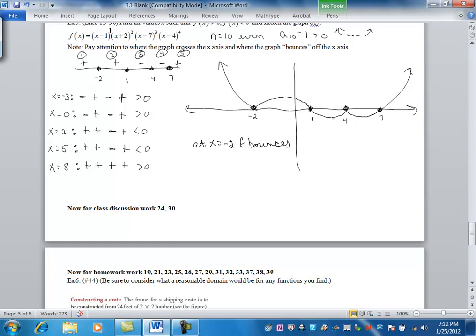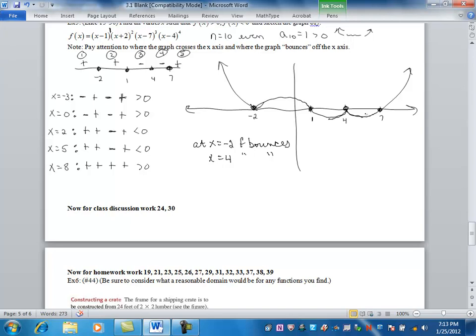Same way with x equal 4. F bounces again. Alright, it hits negative 2 and goes boing right back up. It hits x equal 4 there and boing right back down. So we talk about the functions bouncing here.